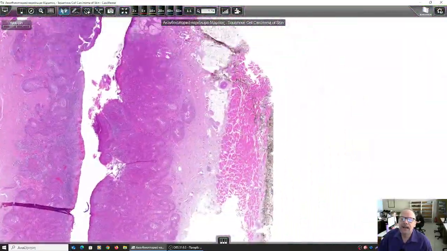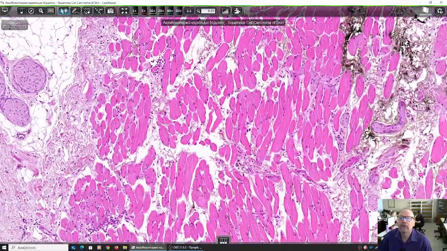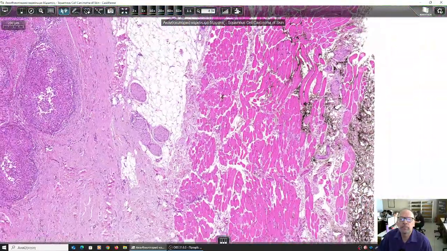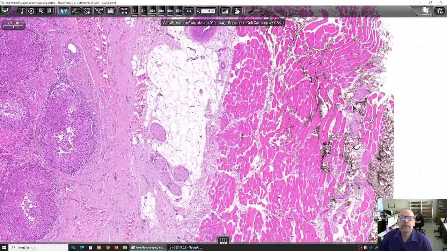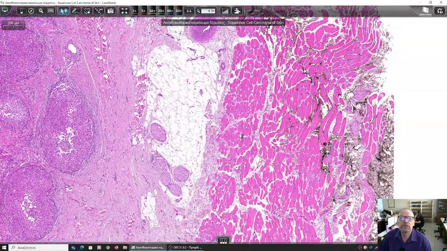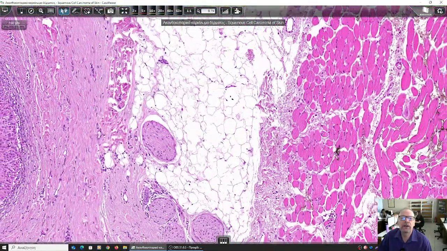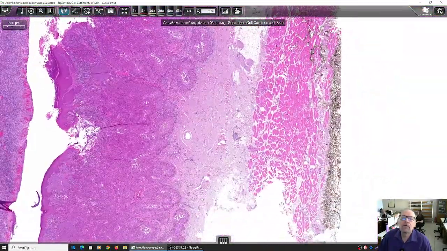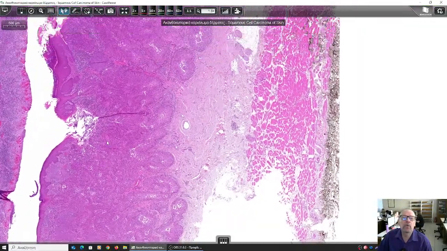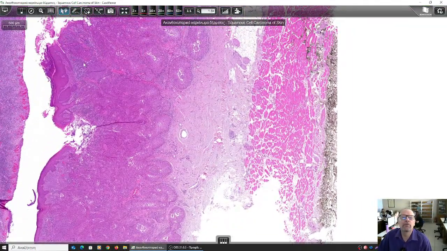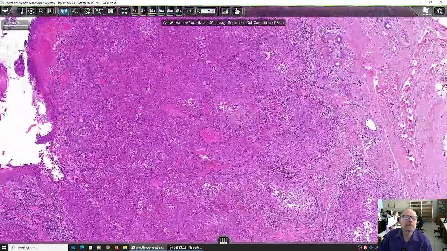It's well excised. You see here, we have skeletal muscle. It's free. Adipose tissue of the subcutis. Some nerves, peripheral nerves. Of course, we can measure the depth of invasion, that means how many millimeters it is from the surface.